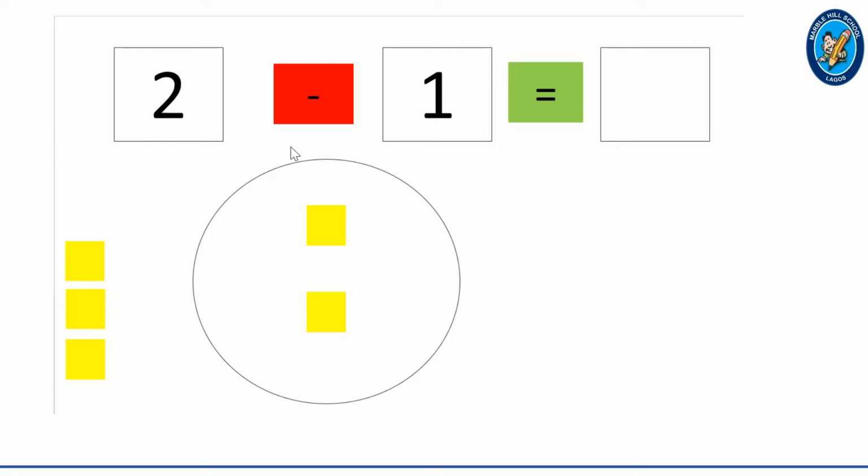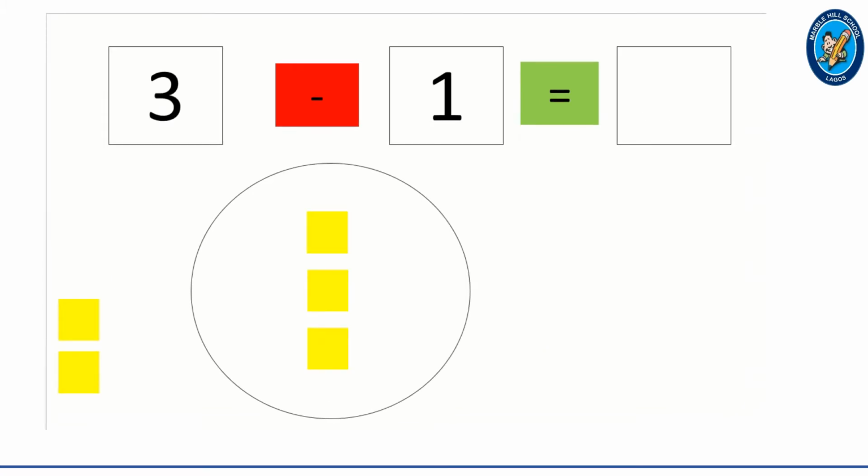So this circle here, I have 2 squares in the circle, and we're going to remove 1 square. So when we take out 1 square, how many squares do we have left? 1. Exactly. So that means that 2 minus 1 is 1.